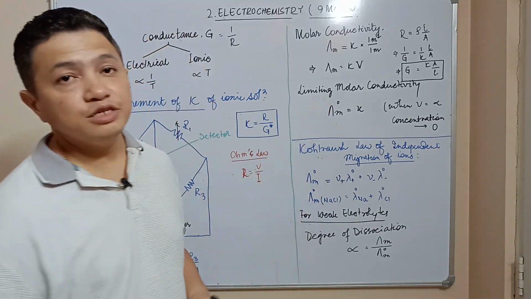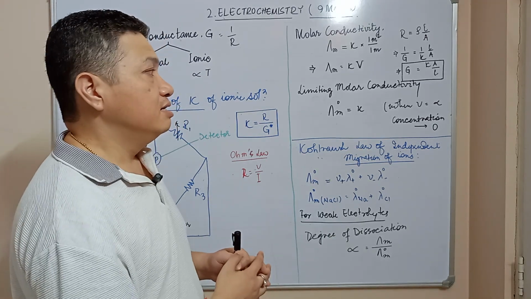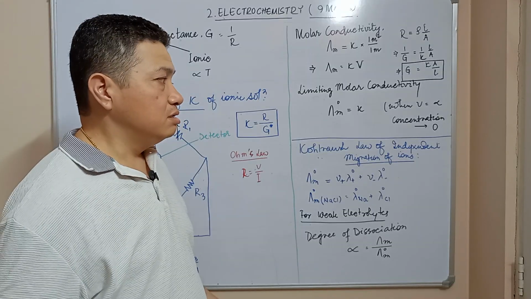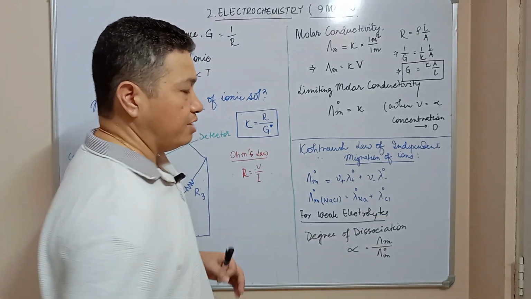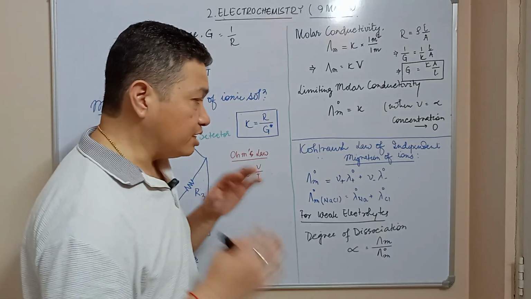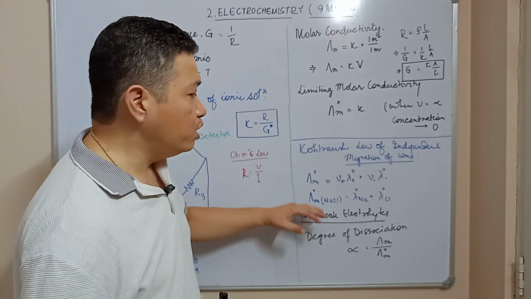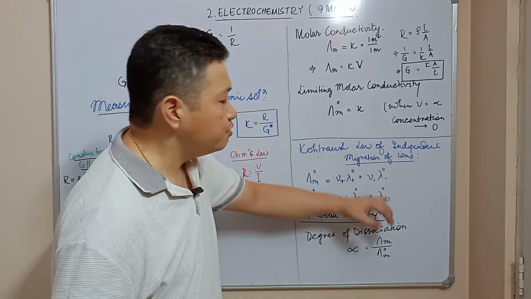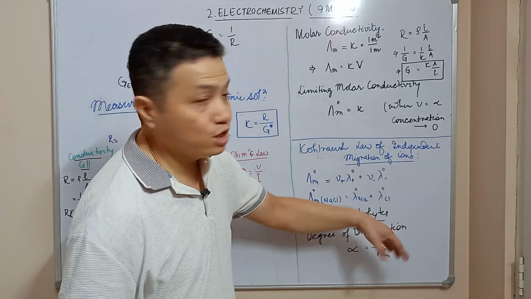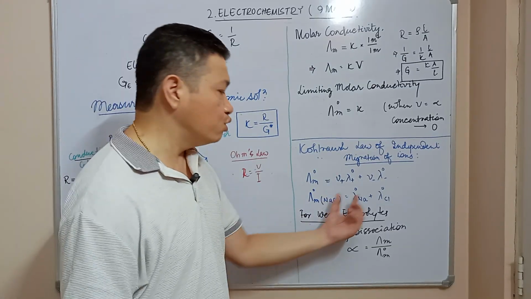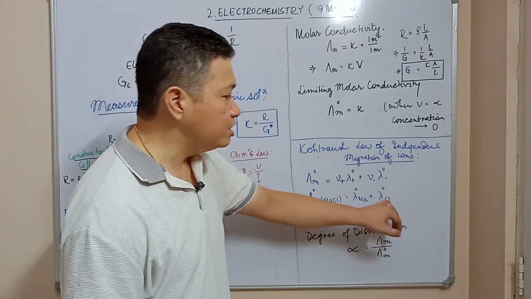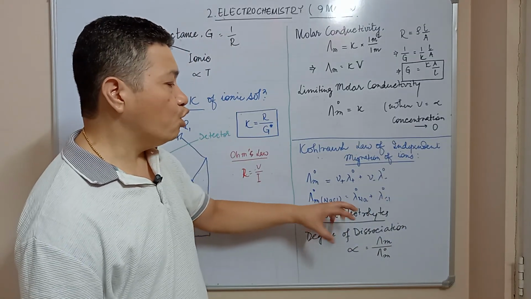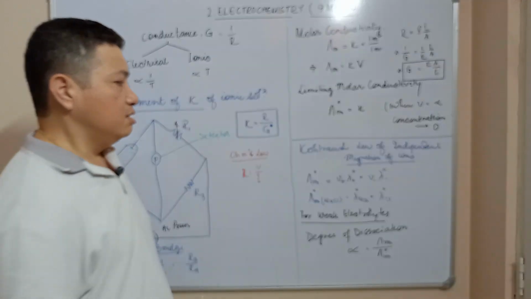Its limiting molar conductivity means conductivity at infinite dilution, when concentration approaches zero. At that condition, the limiting molar conductivity of sodium chloride will be the sum of the limiting molar conductivity of the sodium ions and the chloride ions. It contains 2 ions, sodium ion and chloride ion. So if you know the value of these two, when you add them, you will get the limiting molar conductivity of its solution.